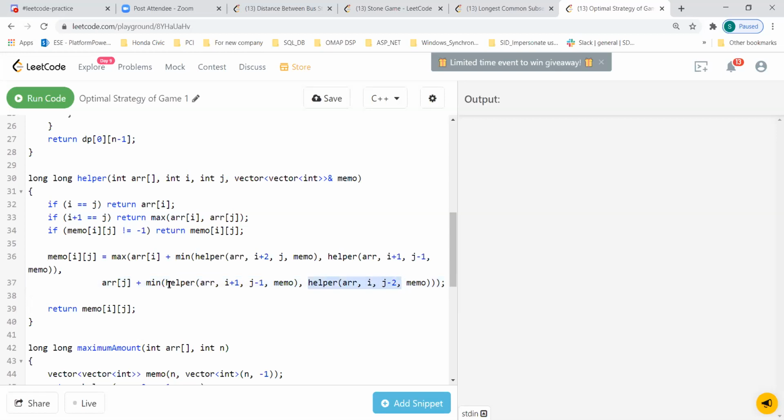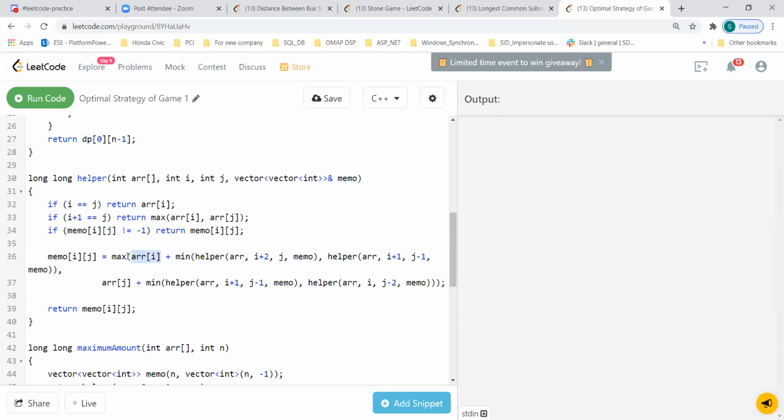So out of these two recursion functions, I'll pick the minimum for Alex, correct? And that I'll add to my right side value. The same thing I'm doing on the left side: I'm going for the minimum of both of those for what Alex will get, and then I'm adding that to the left side.